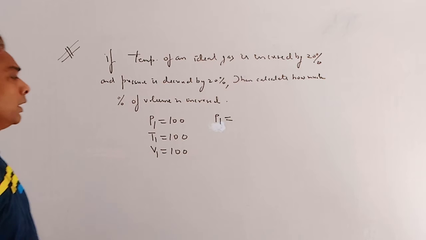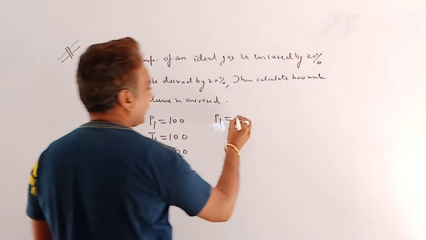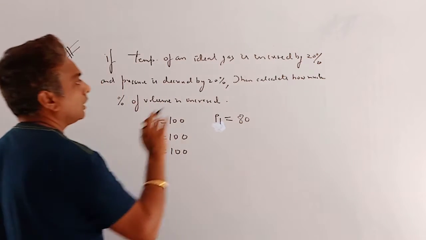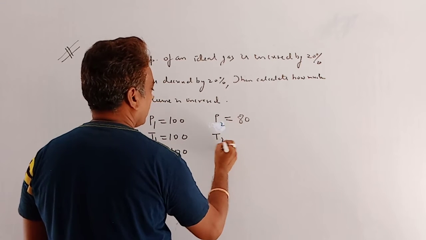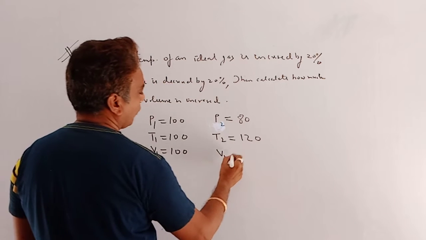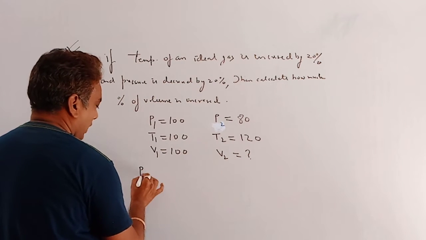If initial is 100, then after a decrement of 20%, the pressure becomes 80. Clear? And temperature is increased by 20%. So the new temperature T2 will be 120. So calculate the volume V2 by using the gas equation.